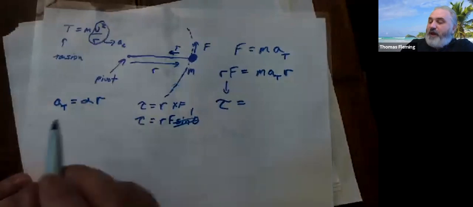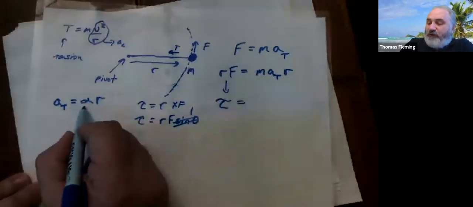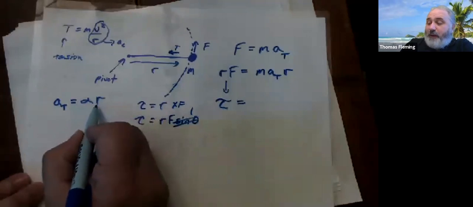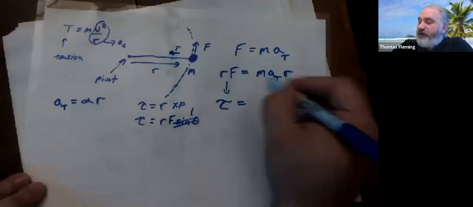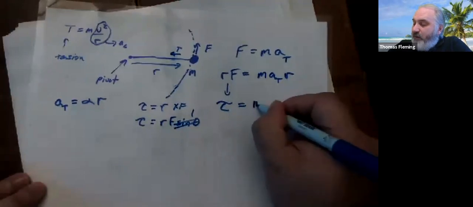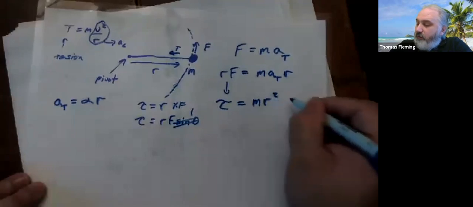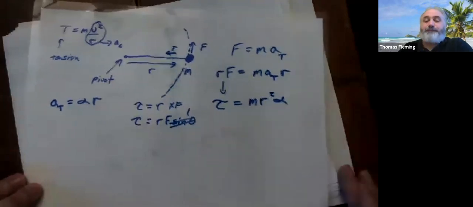Aha. So now I can replace AT with alpha, the angular acceleration, times r. Now, if I do that, I'm going to pick up another factor of r. This r is going to get multiplied by that r. So it's going to be m r squared times alpha.